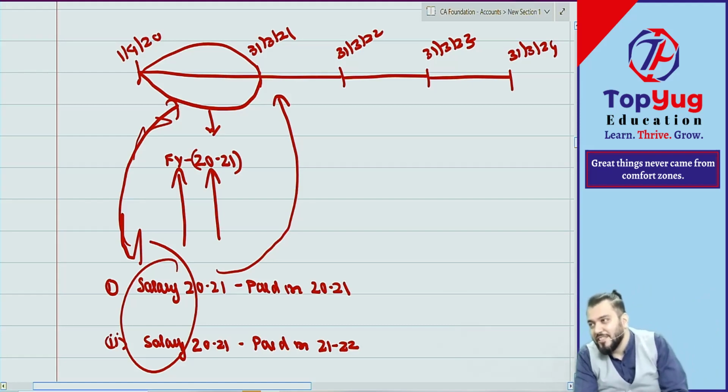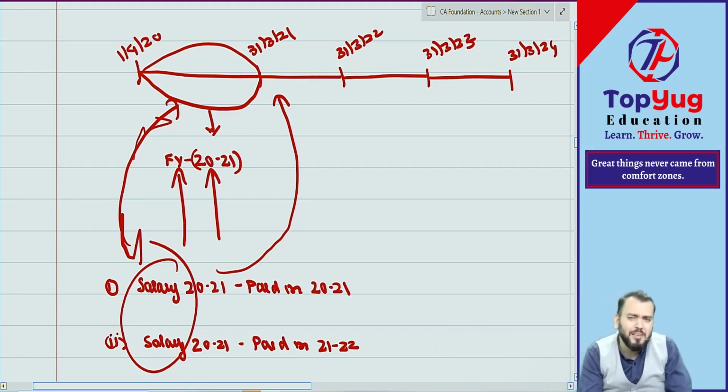This concept says that a financial statement will be prepared for a particular accounting period. This accounting period, as per the Income Tax Act, starts on 1st April and ends on 31st March. So normally we follow the financial year, and that is known as the accounting period.